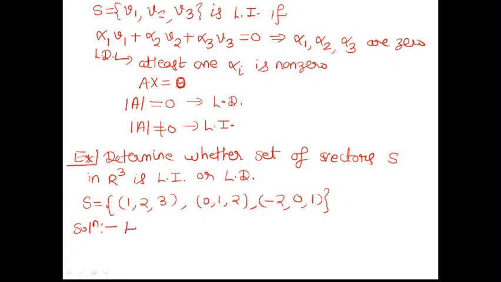First of all, let us denote each of the vectors by v1, v2, v3. Let v1 be the vector 1, 2, 3, v2 be the vector 0, 1, 2, and v3 be the 3-tuple, that is, the vector minus 2, 0, 1.